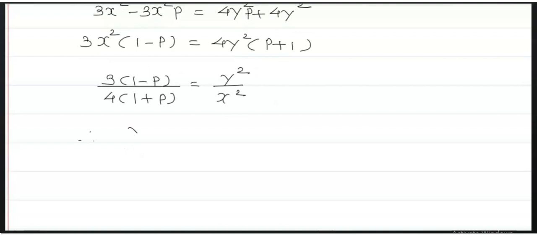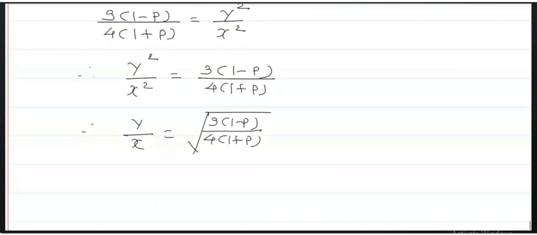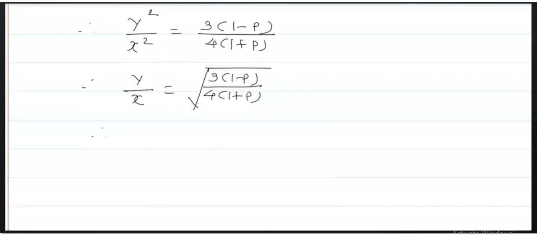Take the square root on both sides. Y square upon x square is equal to 3 in bracket 1 minus p upon 4 in bracket 1 plus p. Take the square root, then you will get y upon x is equal to a constant.